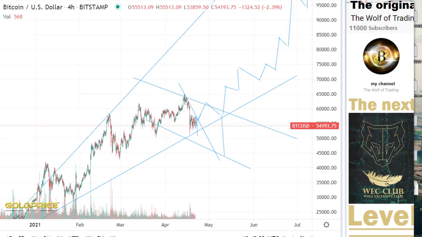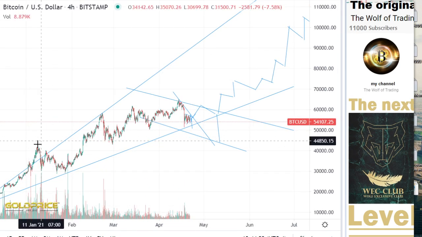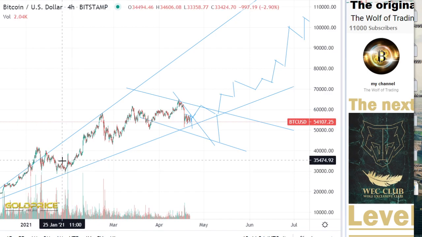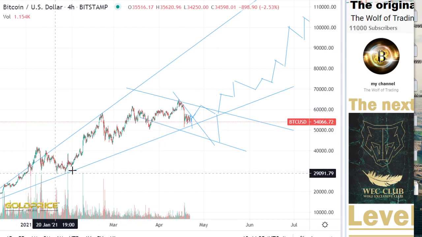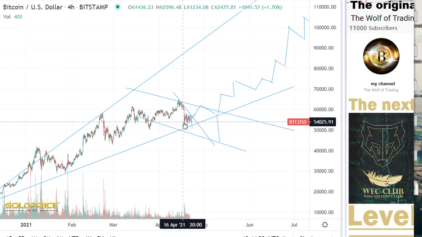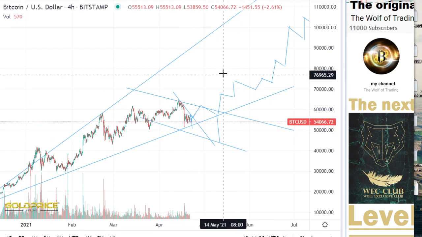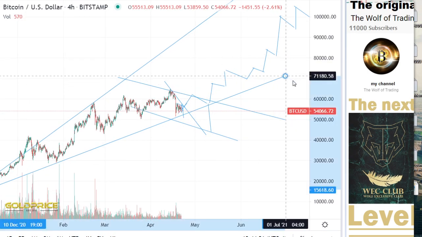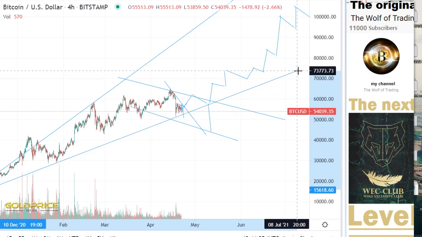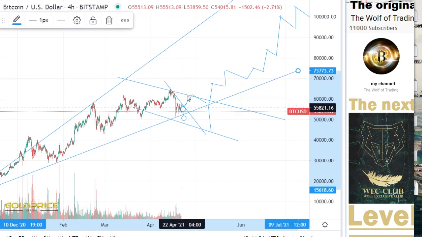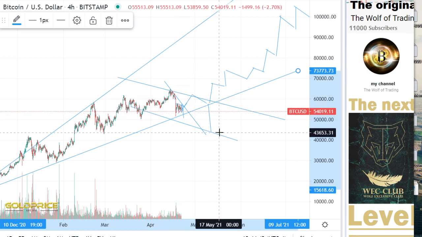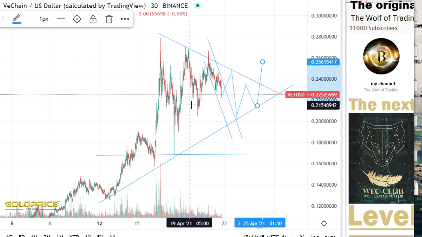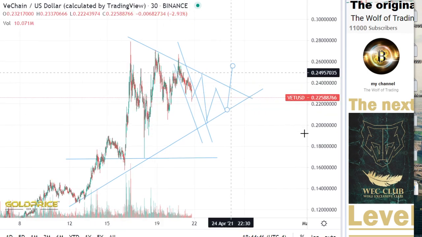But this is a critical point. This was also a critical point. This is our megaphone pattern, and this decides if the pattern goes in this way or in this way. So I think now we have to wait, and we have two possibilities. One is this, another is this. So if I look to VeChain, it also has the possibility to fall.